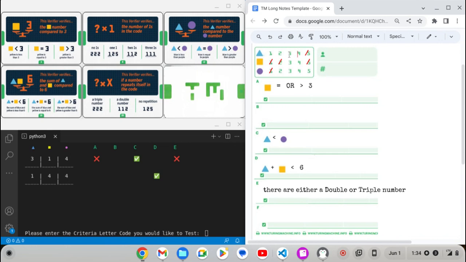What about the 3? I think we can eliminate the 3 as well, because 3 plus 3 is 6. Oops, what happened? Oh, I somehow deleted the 4. I apologize. And then, as I stated, we can also cross out the 3 for triangle.